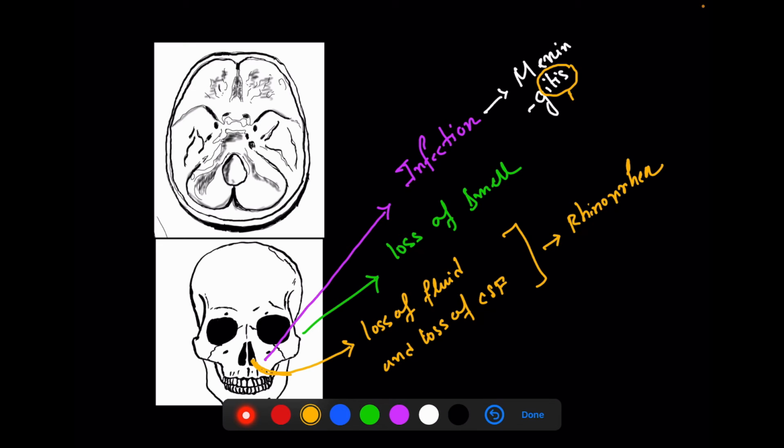I told earlier in my lecture that it's called inflammation in the nose. I mean, irritation occurs.